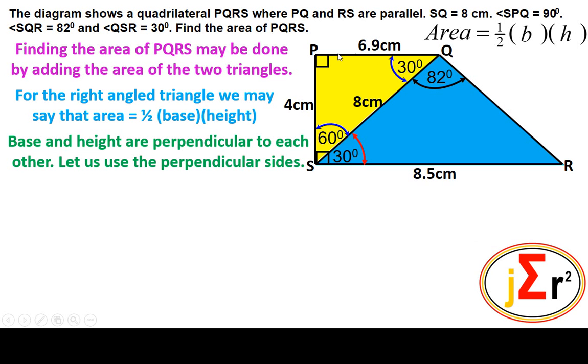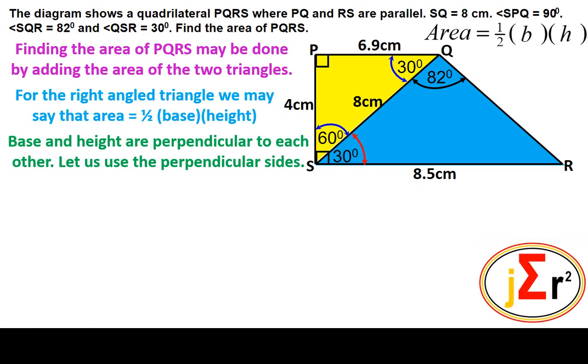However, for the right-angled triangle, two sides are perpendicular to each other. When we need to find the area of a triangle, we have to use half base times height. In the event that that's what we are using, the base and the height must be perpendicular to each other.